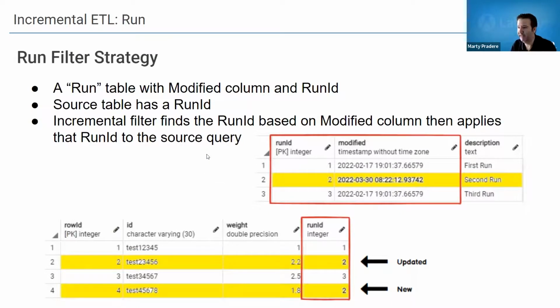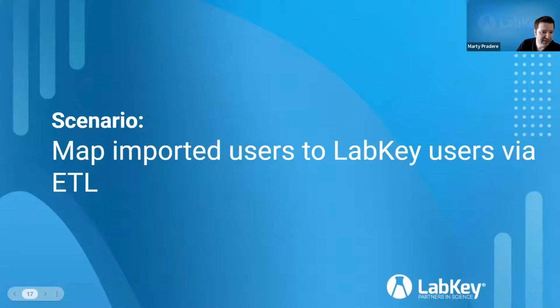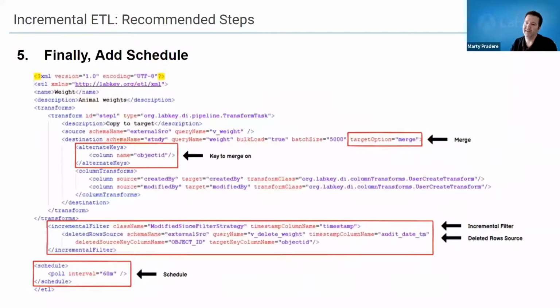So I'm going to go ahead and see if there's any questions. So we cannot do a multi-column primary key for the ETL. So if you're going to do that, you really need to define another alternate key. And so what you could do in that case on your source side, you could create a column that essentially concatenates those primary keys together into one column, and identify that as your alternate key.